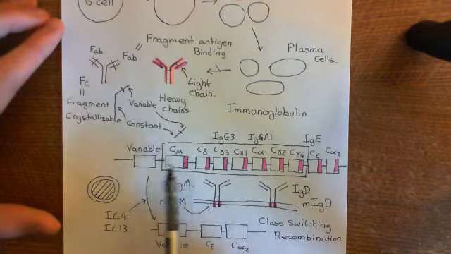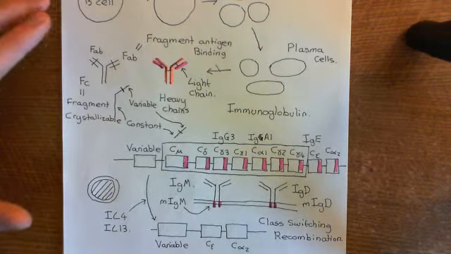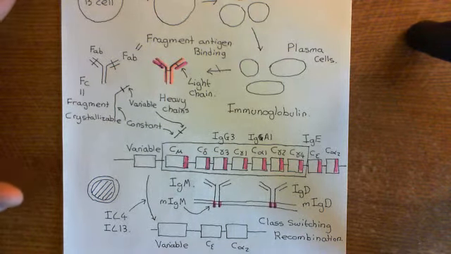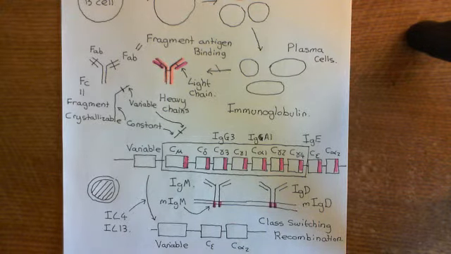They'll produce the soluble version, and their plasma cells will then produce the soluble version and tip it out into the blood. But it won't be IgE. So initially, some of these plasmablasts will be coming off very early, and they'll be producing IgM and IgD.